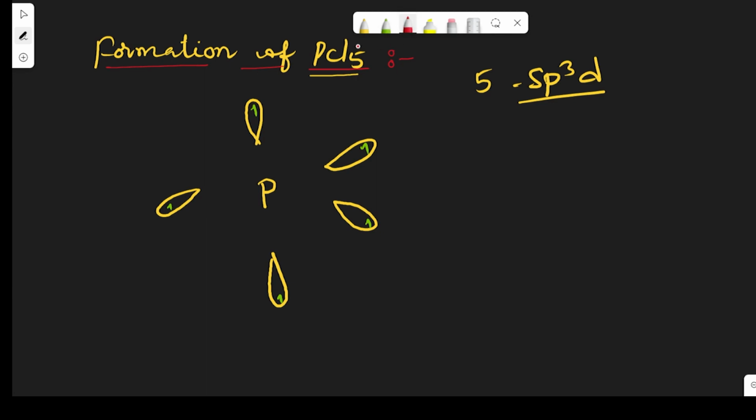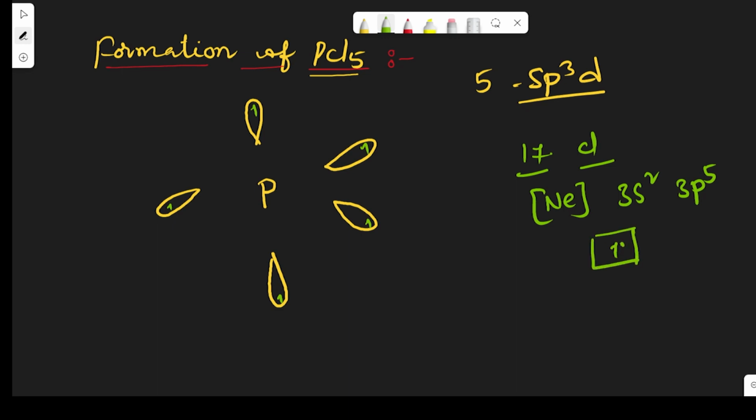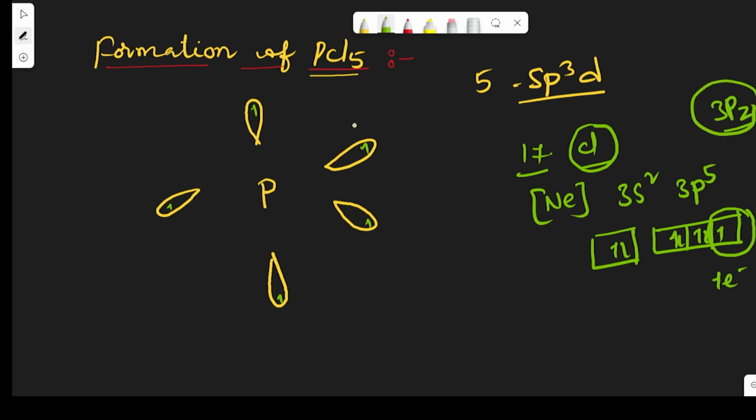Now let us explain the chlorine atom. Chlorine has atomic number 17 and its configuration is neon 3s2, 3p5. So 2 electrons are in the s orbital and 5 electrons in the 3p orbitals. The chlorine atom requires only one electron to complete its octet configuration. So the 3pz orbital of chlorine overlaps with the sp3d hybrid orbital of the phosphorus atom.